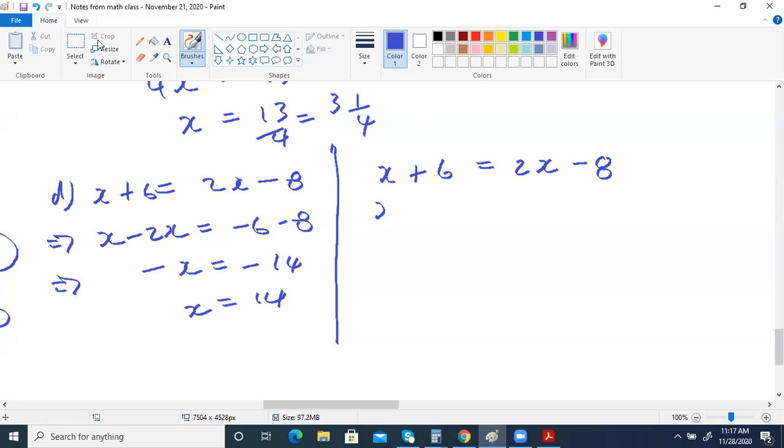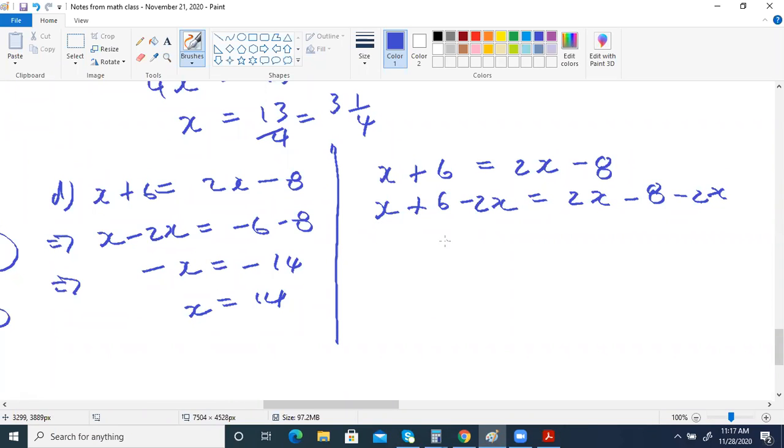Does anybody else want to continue with this, or can I move on? So show us that way too. All right, cool. So here we say we're going to minus 2x from both sides because we want to get the x's over to the left side. This is me minusing 2x on both sides.